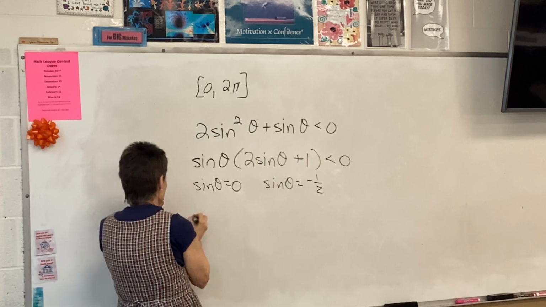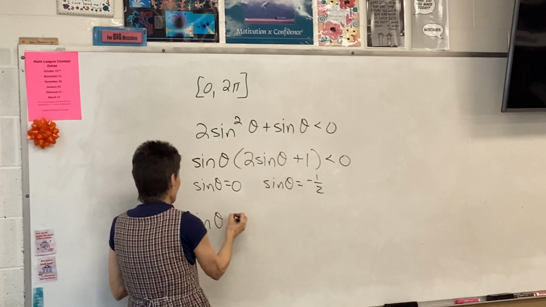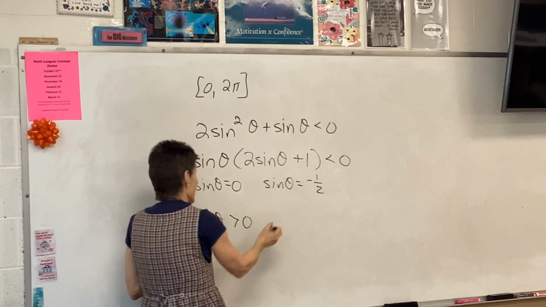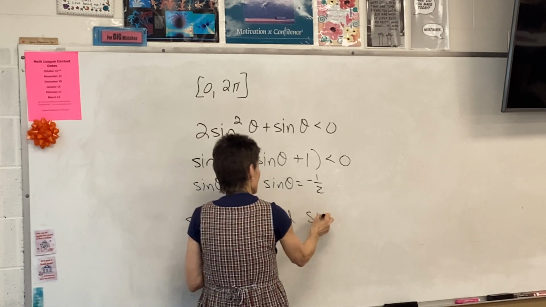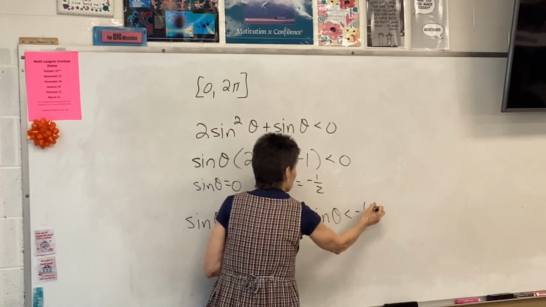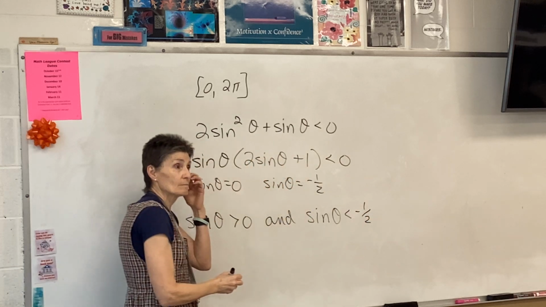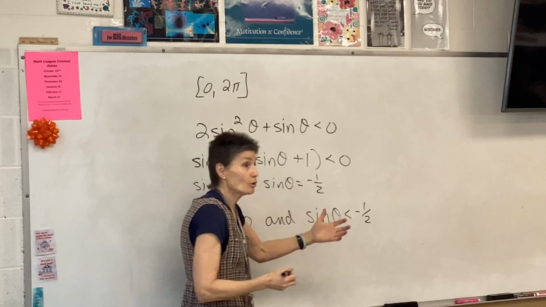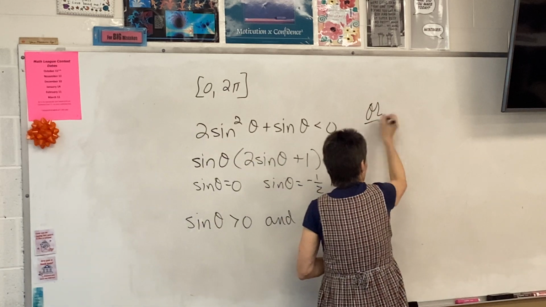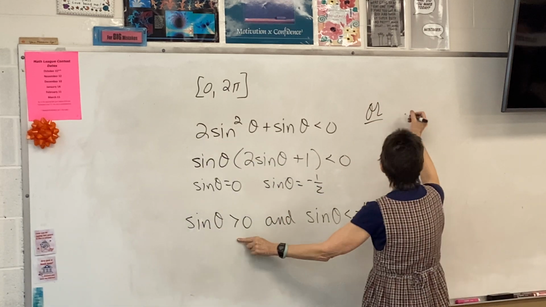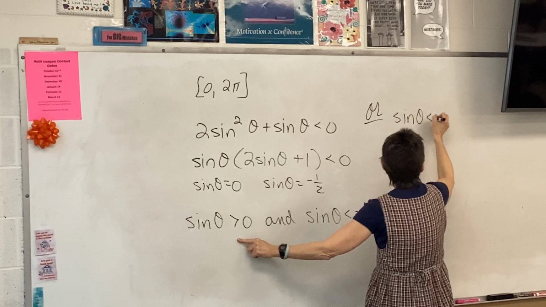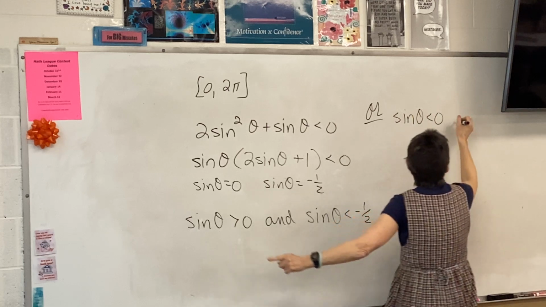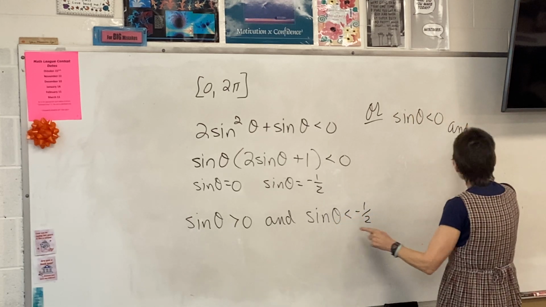So, let's say this sine will make that one positive, and we'll make this one negative. Okay, does that make sense? But it could also be, so I'll put a big or here. The first one could be negative, and the second one is positive.